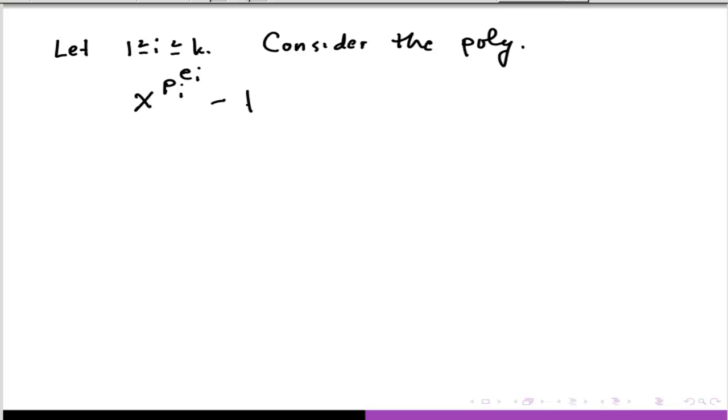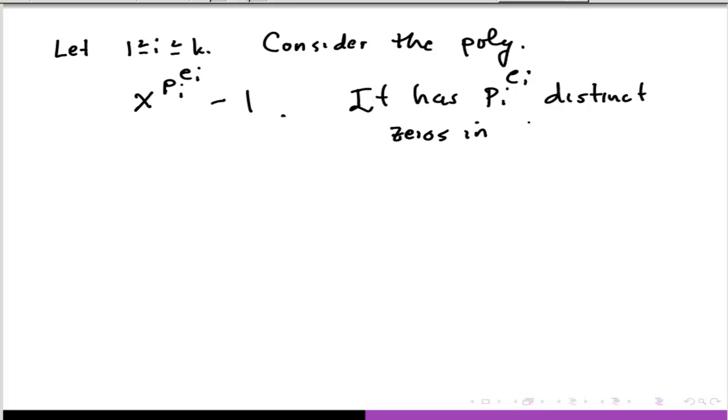And we have a lemma that says this polynomial has pi to the ei distinct zeros in Fp. And each one of those zeros would satisfy, I'll call it a, a to the pi to the ei should equal 1. So all I need is to find one of those zeros whose order is pi to the ei.